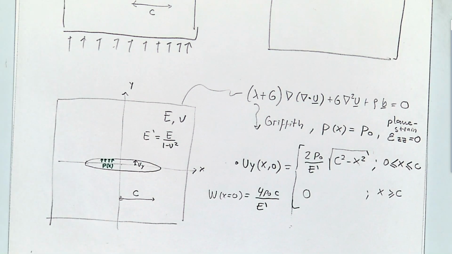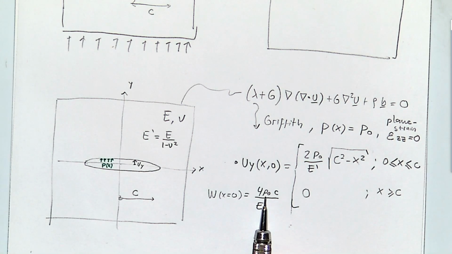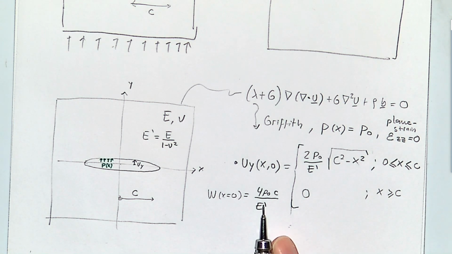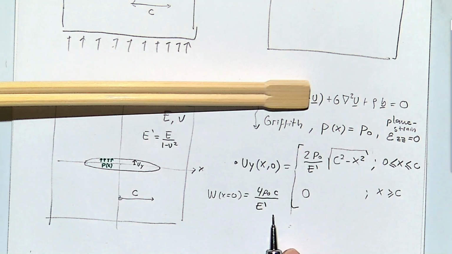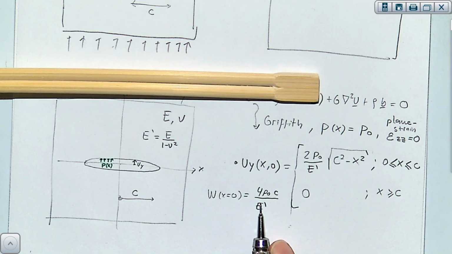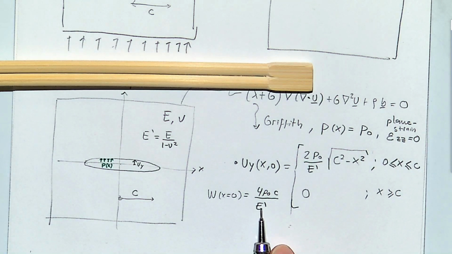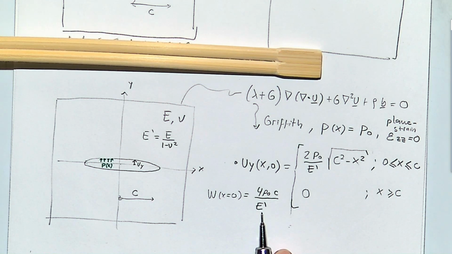So this is something which is quite important because you see that the width depends on the pressure, which makes sense because the bigger the pressure, the bigger the width is going to be. It depends on the stiffness of the rock.